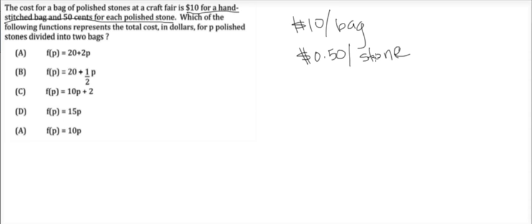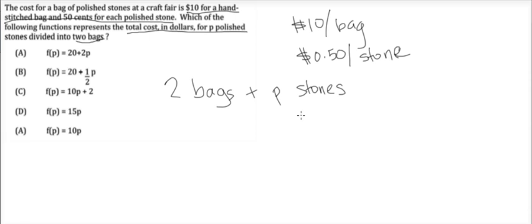Let's keep reading. Which of the following functions represents the total cost, so that's what we want to find, in dollars for P polished stones divided into two bags? So we know that we have two bags plus P stones.